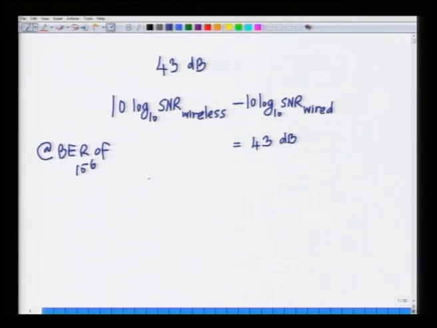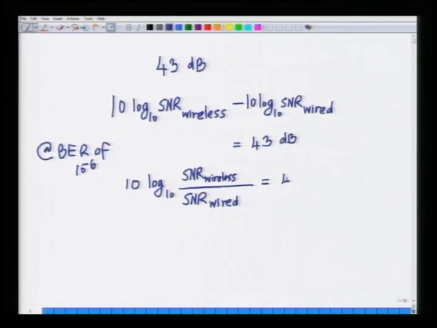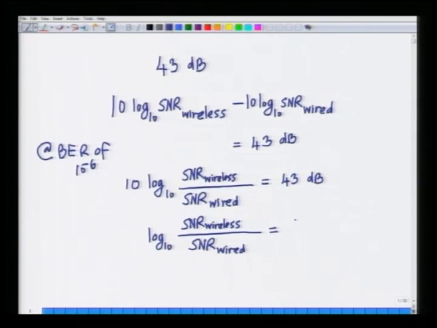I will simplify this as follows: the difference of logs is nothing but the log of the fraction, which is 10 log 10 of SNR of wireless divided by SNR of wired, which is equal to 43 dB, which means log 10 of SNR of wireless divided by SNR of wired is equal to 4.3.